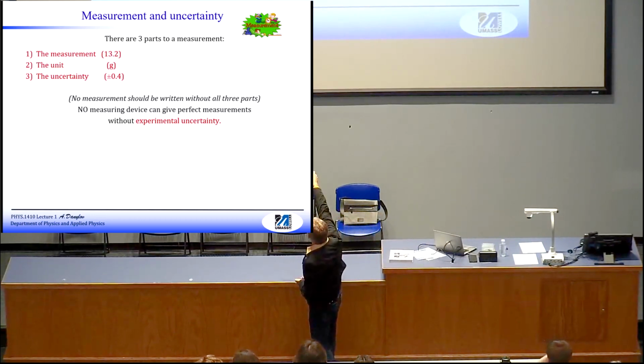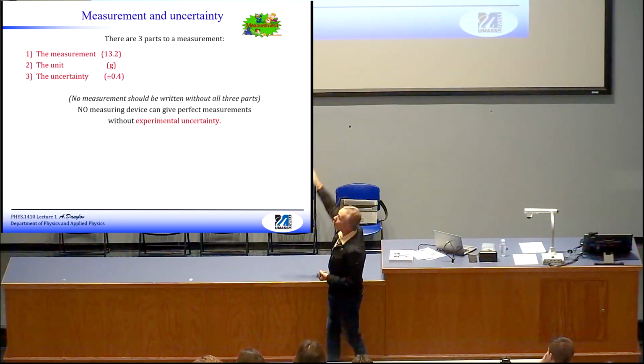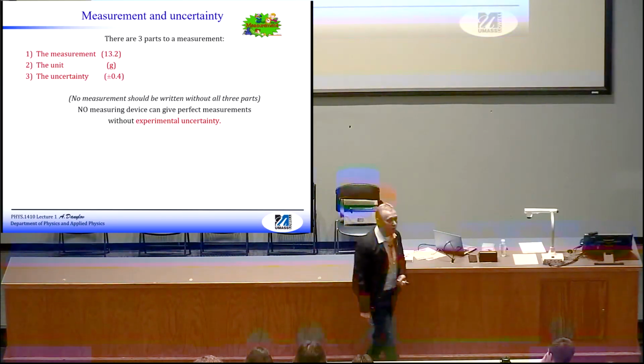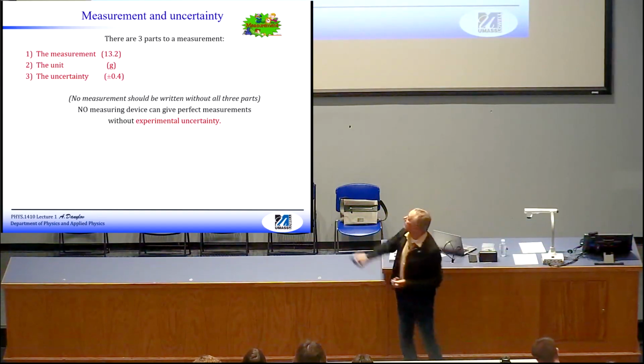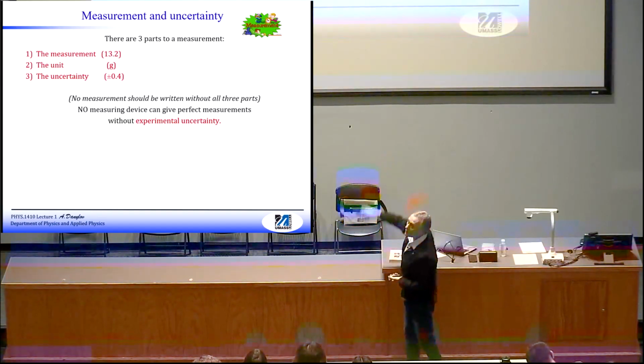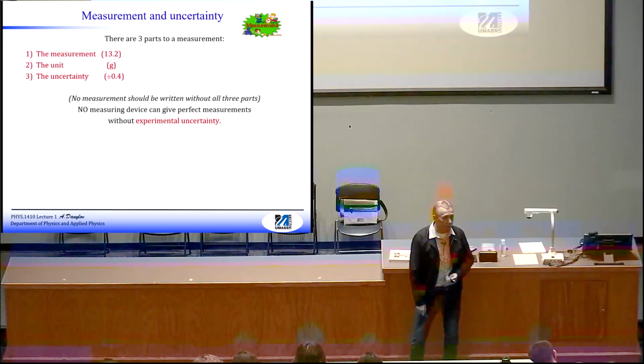Let's take this number. Let's assume that 13.2 grams is given without showing explicitly the uncertainty. According to that convention, uncertainty is in the last digit of the number. Don't ask me why. It's a convention, accepted everywhere in the world.